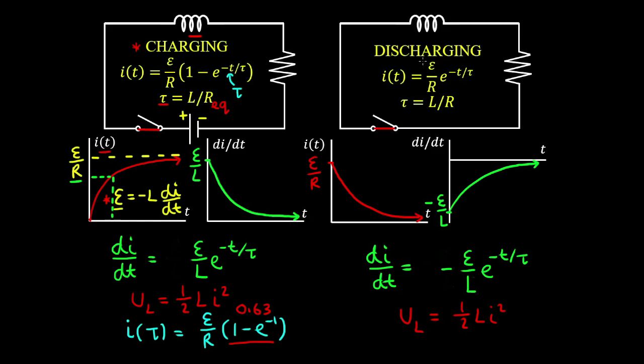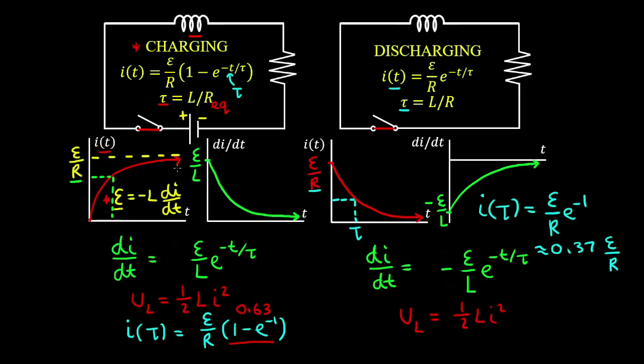Now in this case, for the inductor with an initial current, if we substitute the time constant into this expression, then we get I of tau is equal to epsilon on R by e to the minus 1, which is around 0.37 by epsilon on R. So in this case, the time constant represents the time required for the current in the inductor to reach 37% of its initial value.